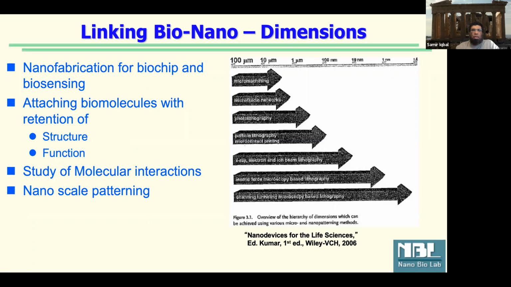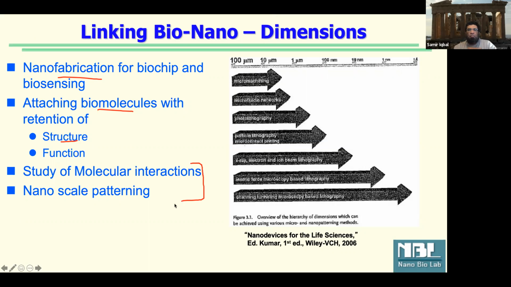So we fabricate, and we have seen that. We can nanofabricate biochips and biosensors. We can attach molecules. We have seen that, and we can recognize them.